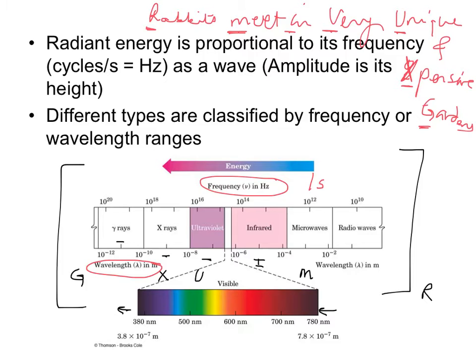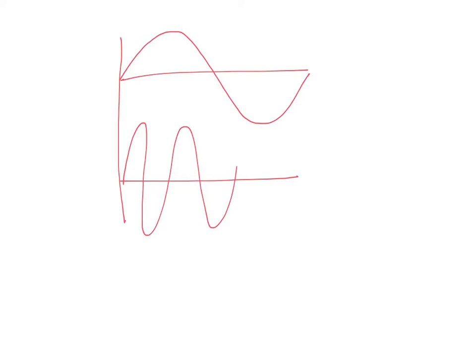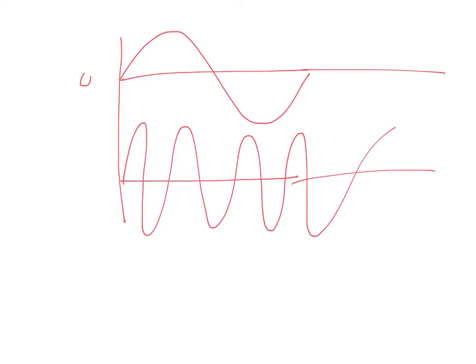Now, if I give you two waves, just to discuss what is frequency and what is wavelength. So these are my two waves. We are starting at point O. In both cases, this is wave 1, this is wave 2.